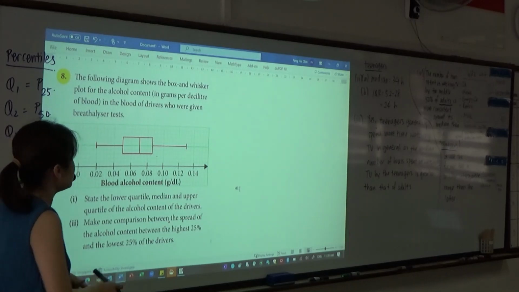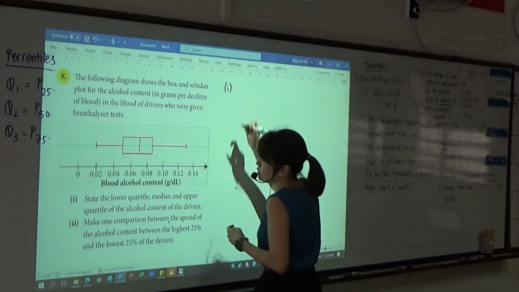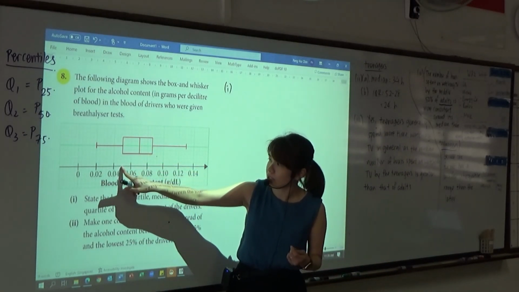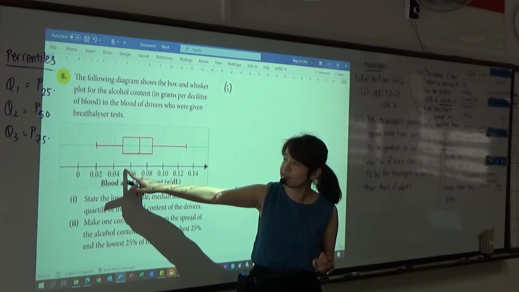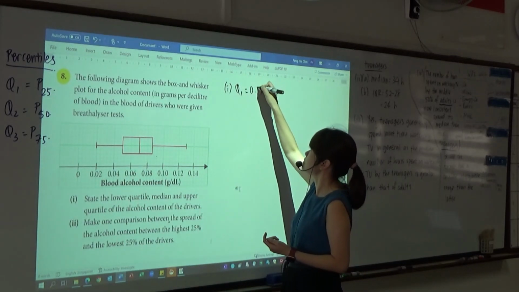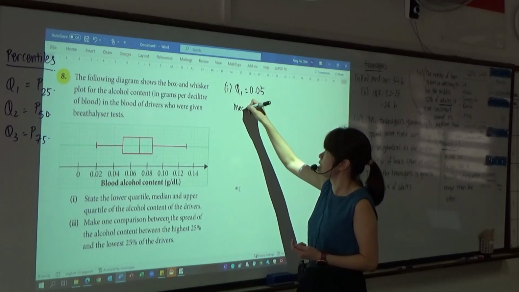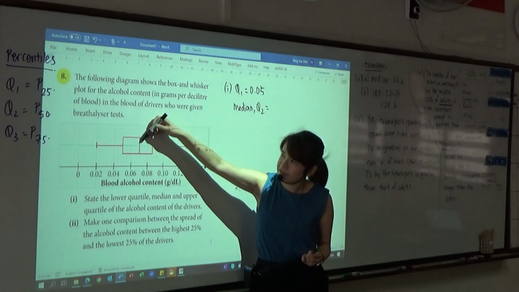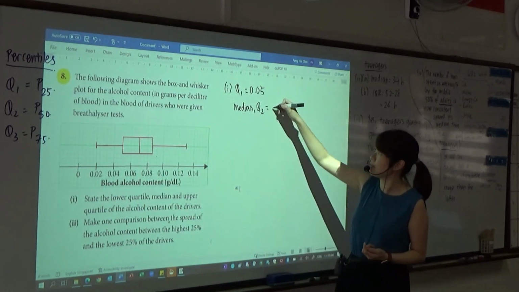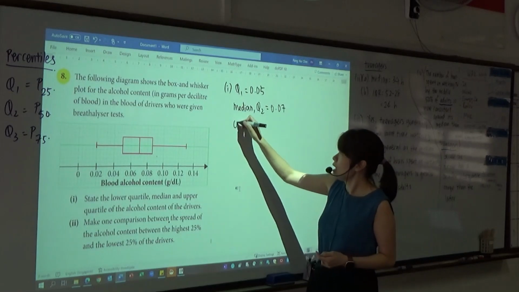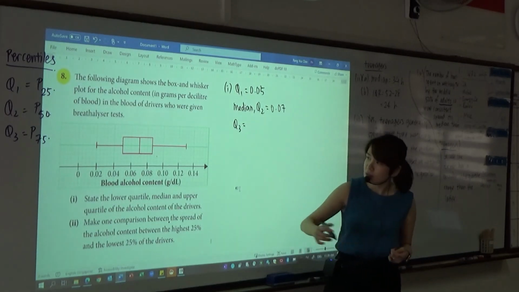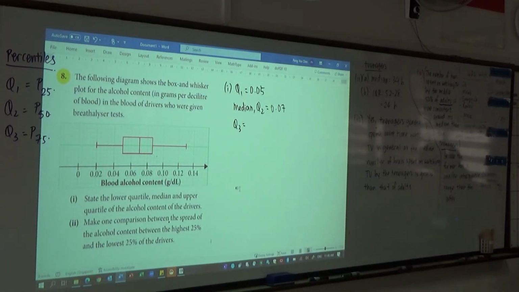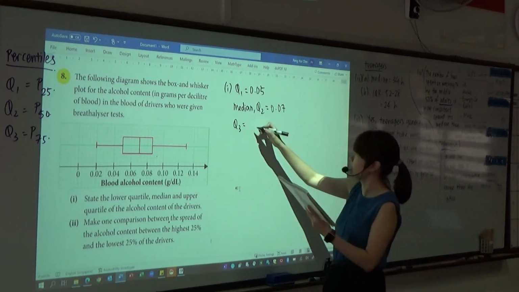I think it is straightforward at this juncture. Perhaps not so much for those that missed the lesson yesterday. But the lower quartile is to be read from this end of the box. Okay, we find that it is actually 0.05. Right? The median, which is also Q2, will be read from in the middle of the box. We find that it is 0.07. And then lastly, the upper quartile, in this case, would be about 0.085, if I'm not wrong. 0.086.